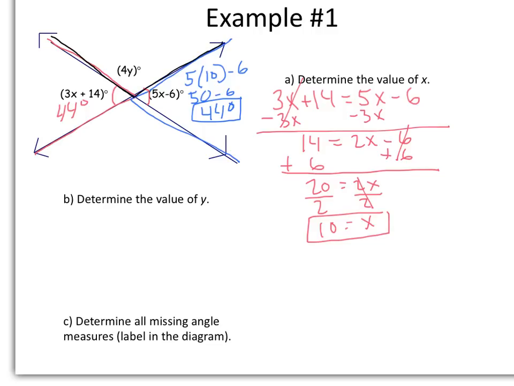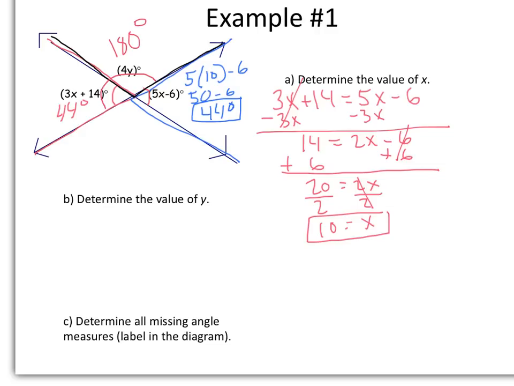We know that this angle, 44 degrees, and the 4y angle are lying on the same line. Remember, all lines have a degree measure of 180 degrees. So how could I use that information to help me solve for y?